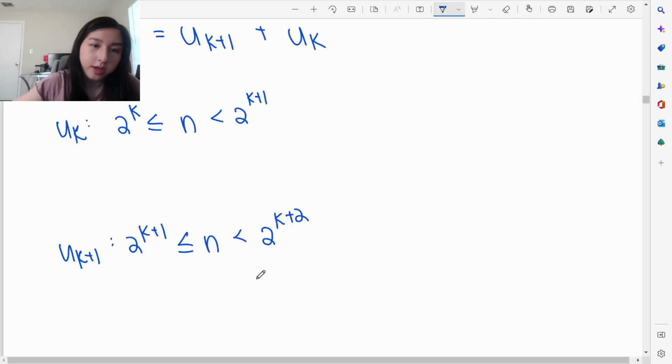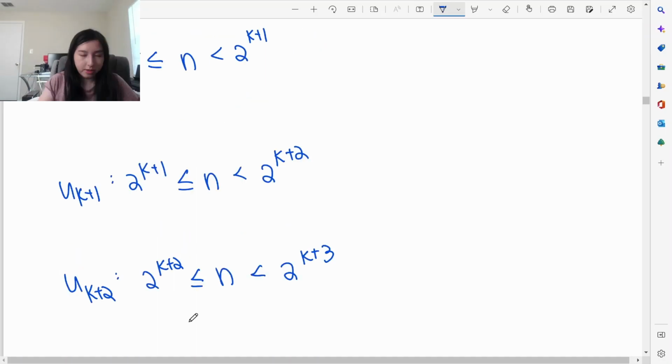And the last one, u_(k+2), is 2^(k+2) to 2^(k+3). Right, basically all these become like this. So if I want to make k become k plus 2, I probably should apply some function, the function g.